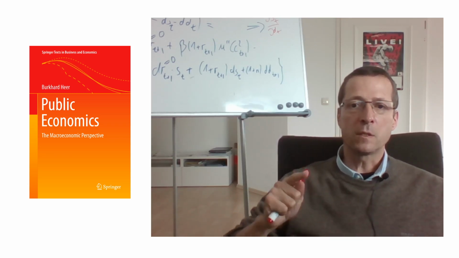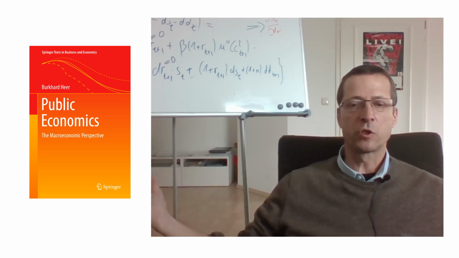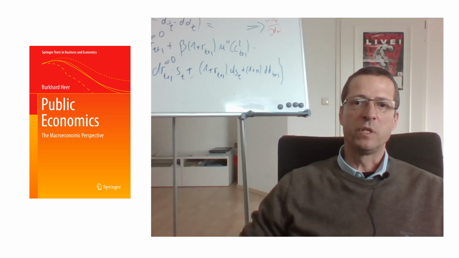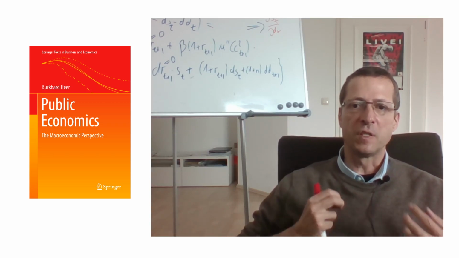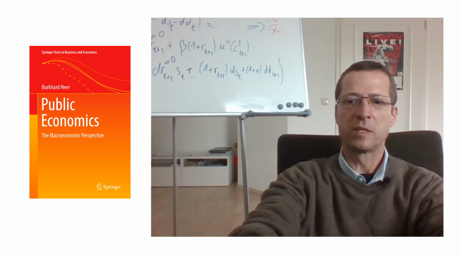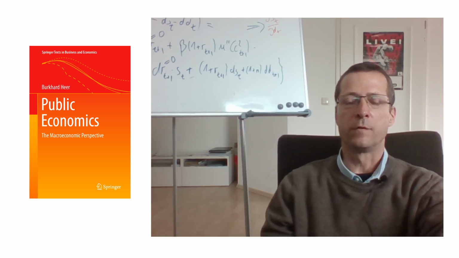And we will wonder in the end, why do we have social security at all if we show such tremendous negative effects on equilibrium allocation? And this will be the material for the rest of this chapter.